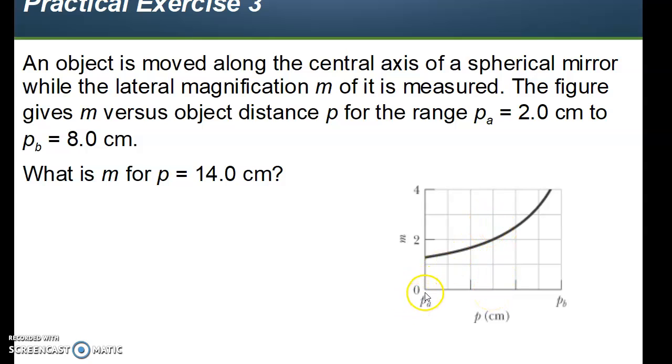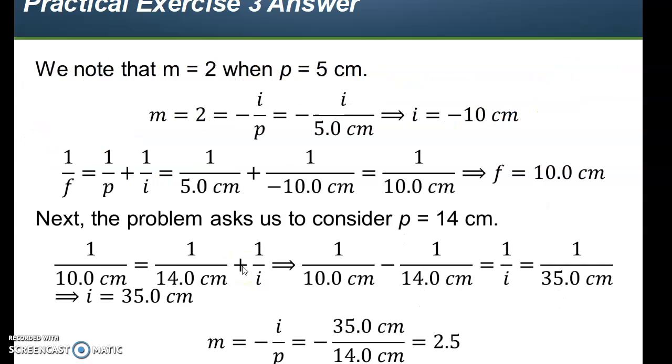This is 2 centimeters, 3, 4, 5, 6, 7, 8. And so at this point right here, you've got the value of that at that time. So it equals 2, -i over p equals -i over 5.0 centimeters. So i equals -10 centimeters.